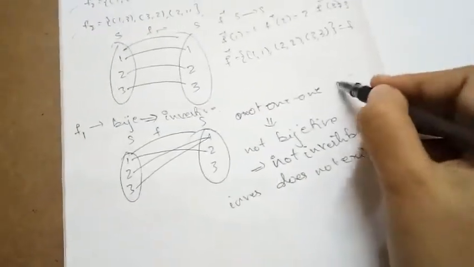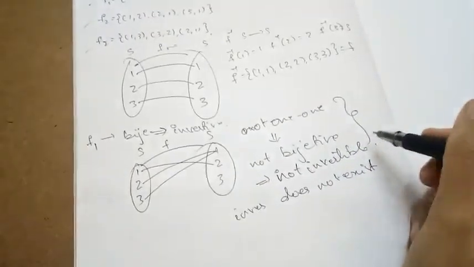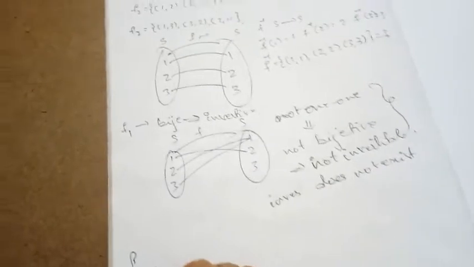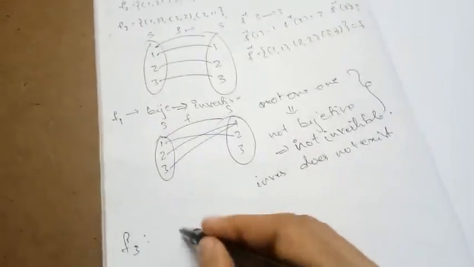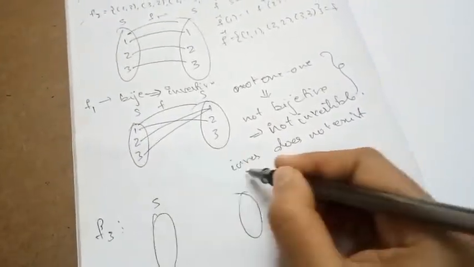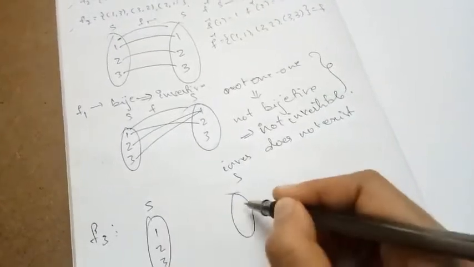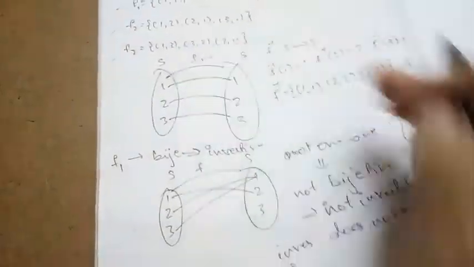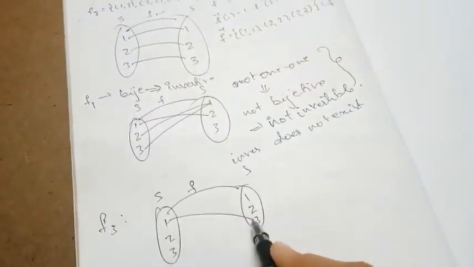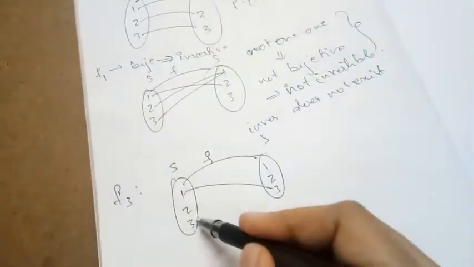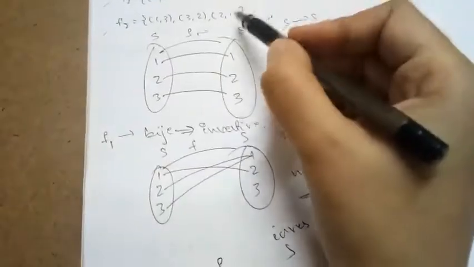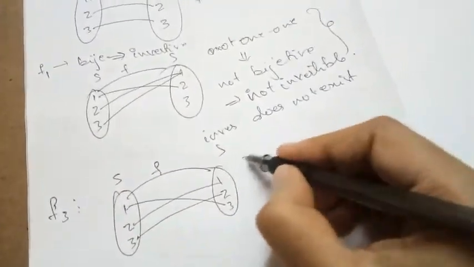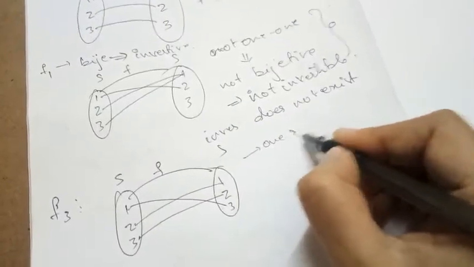So that is the important note which I said in the beginning. For this sake it is helpful to solve problems like this. Then the next function f3, how is it defined? From the set S to S itself, 1 2 3 to 1 2 3, function f. 1 has the image 3, 3 has the image 2, and 2 has the image 1. Clearly this function is both 1-1 and onto.